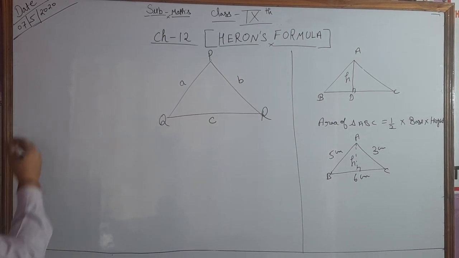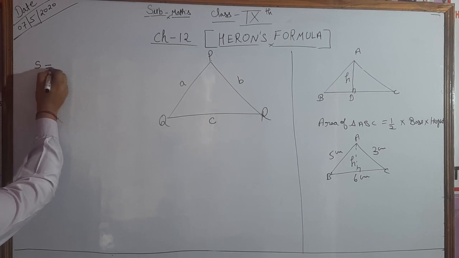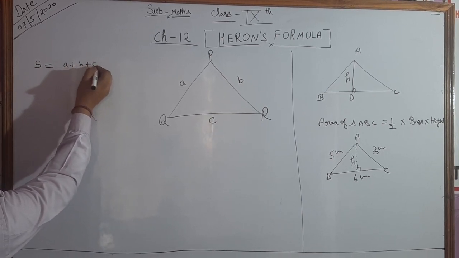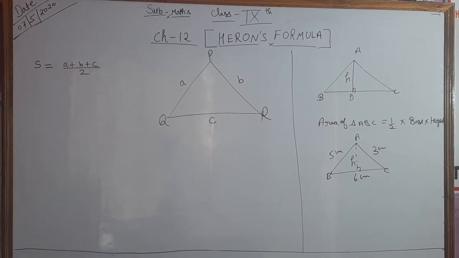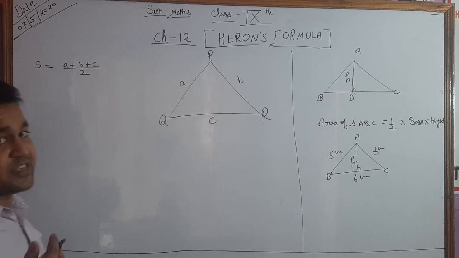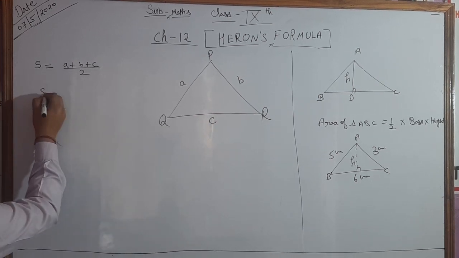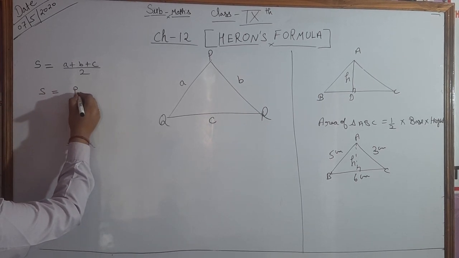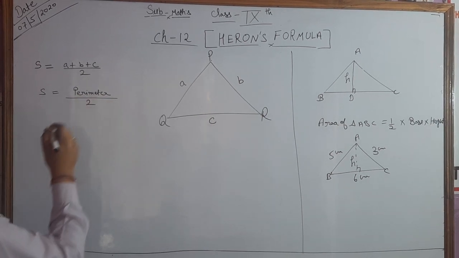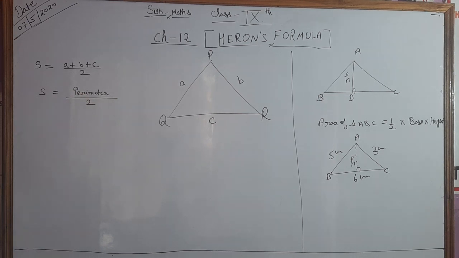Now first you have to find the S. What is the value of S here? S is equal to A plus B plus C by 2. What is the meaning of S? A plus B plus C means the sum of all sides. So you can say that S is equal to perimeter by 2.